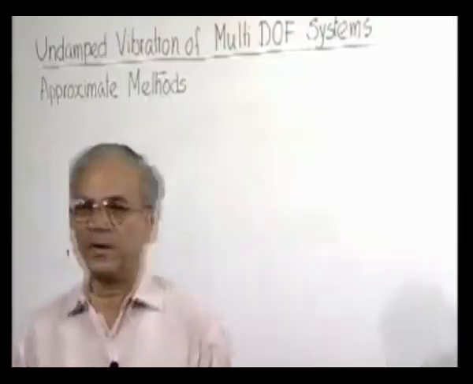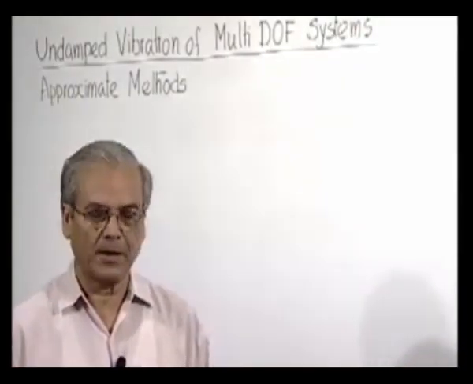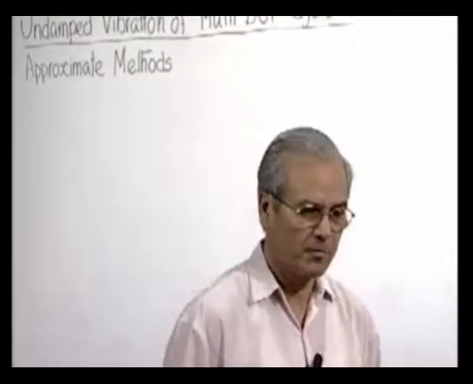We have seen that determination of the natural frequencies and the natural modes of multi-degree freedom systems is quite computationally intensive, particularly when the number of degrees of freedom increases.